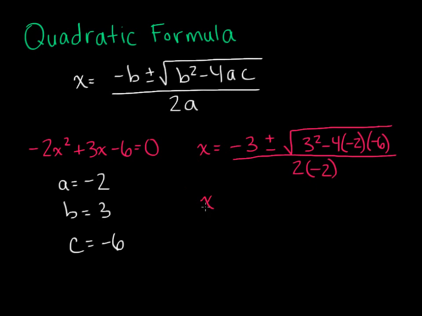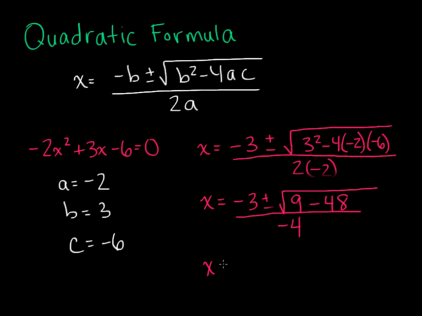And then we simplify. So we've got negative 3 plus or minus 3 squared is 9, and then negative 4 times negative 2 is positive 8, times negative 6 is negative 48, and so we've got 9 minus 48 all over negative 4.